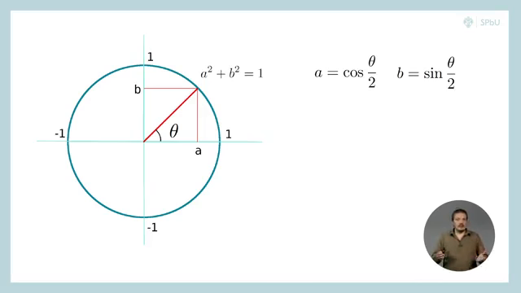Now, instead of a, we can write cosine of theta divided by 2, and instead of b, sine of theta divided by 2. You may ask why I need to divide theta by 2 in the arguments of sine and cosine. You will see the answer to this question very soon.